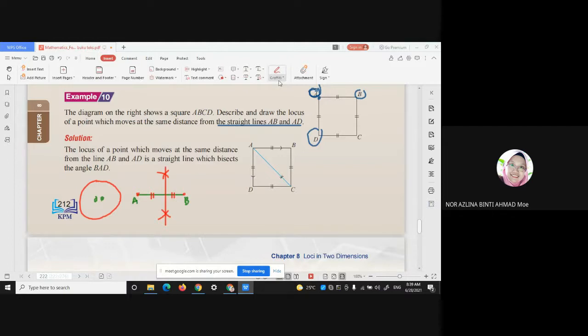So we draw the vertical line. Okay, and this is equal distance.